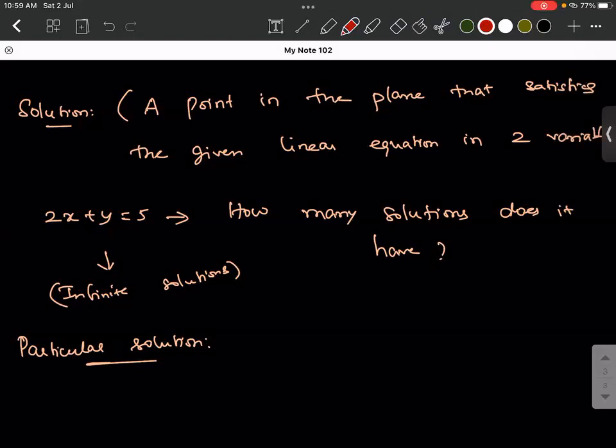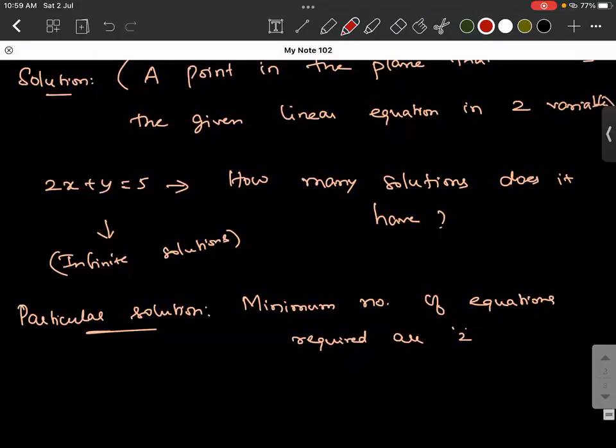So for me to find a particular solution, the minimum number of equations required is 2. So how did you find that it is supposed to be 2? Because it is a linear equation with two variables. The number of variables you have should be equal to the number of equations that you need to solve.